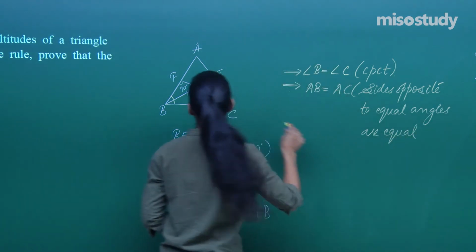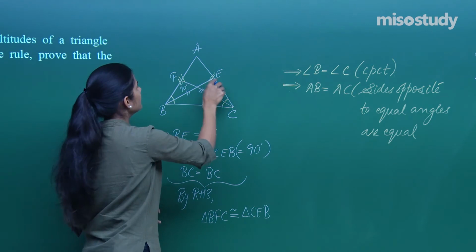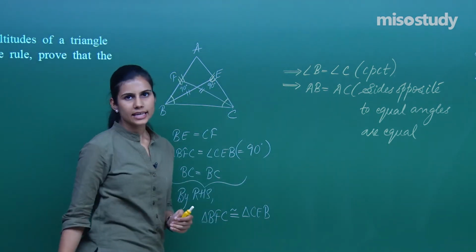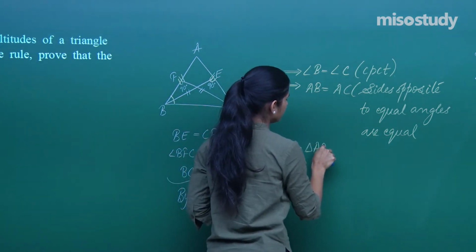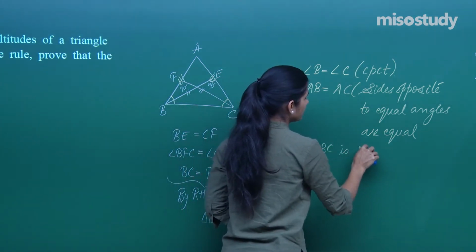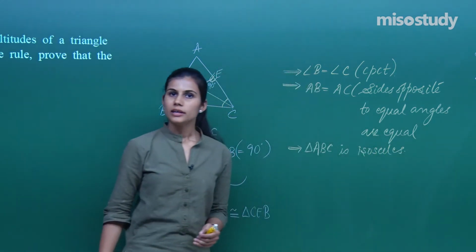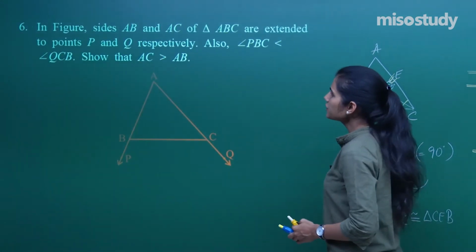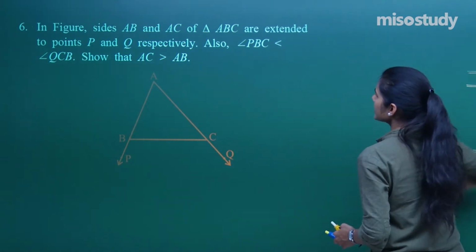And the moment I have AB equal to AC, I have got two sides of this triangle the same, and therefore this triangle is isosceles. Okay? Hence proved.